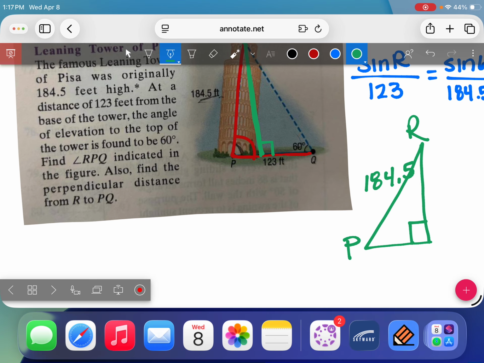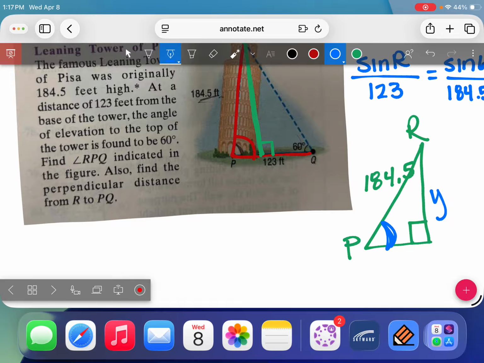It's asking me for this, which I'm going to call Y. So in order to do this, you have to have the right answer for angle P. Whatever you got for your angle, you're going to put that here. And then I will use sine, because Y is opposite.